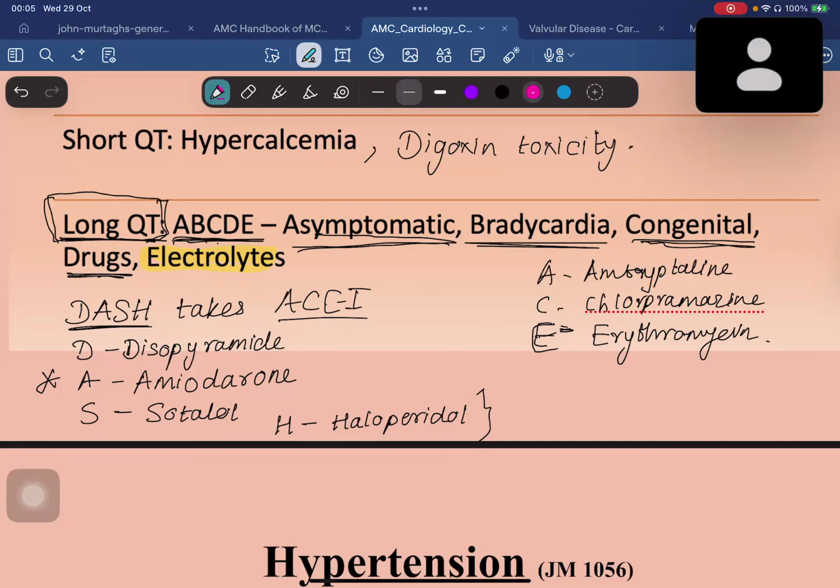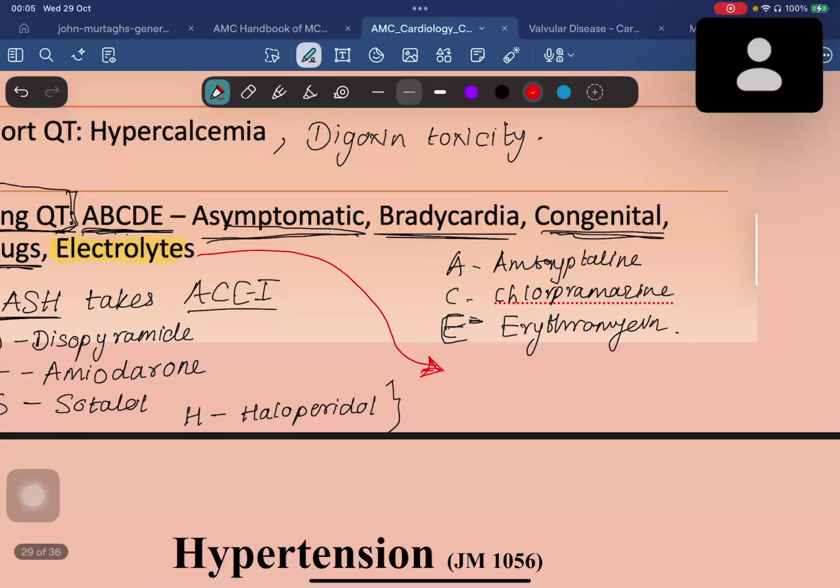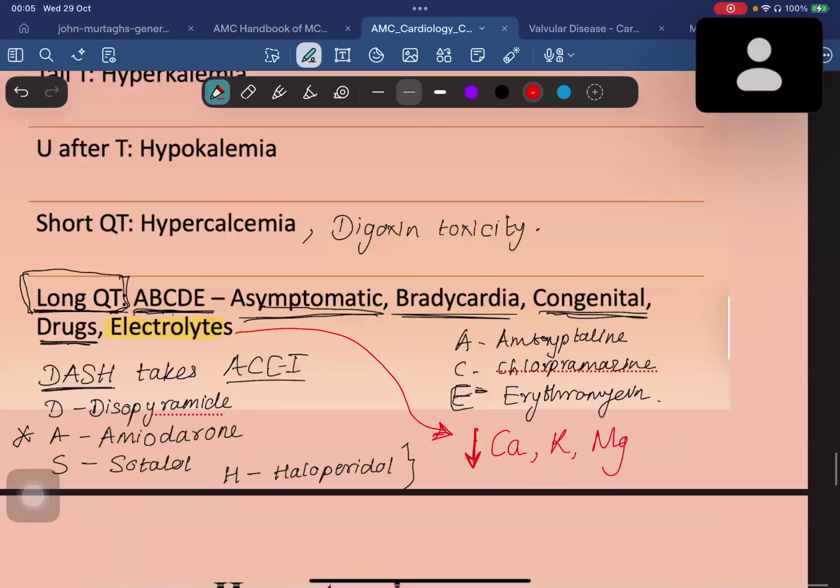I will try to write it in another color. When it comes to electrolytes, what you should remember is these three: a decrease of these three can cause long QT. It's calcium, potassium, and magnesium.